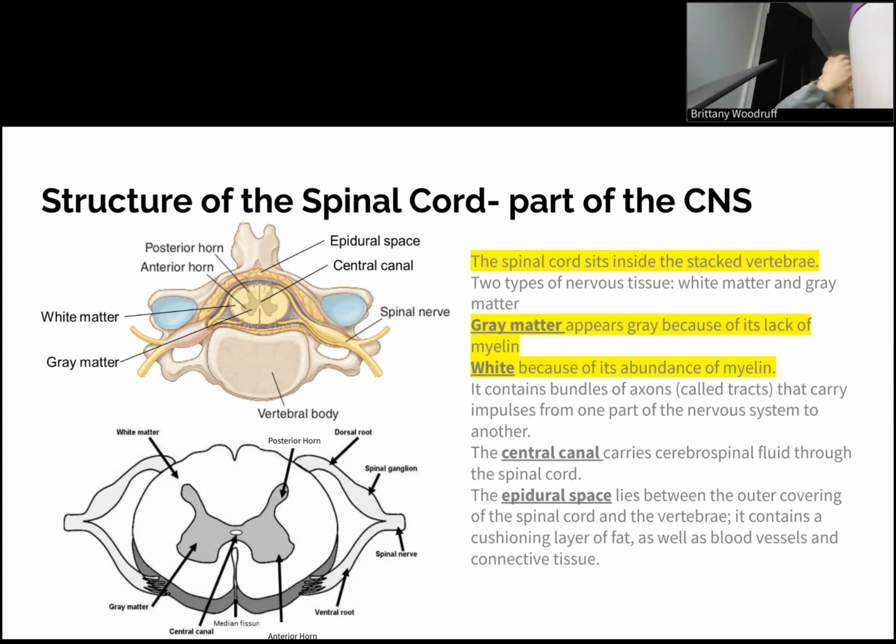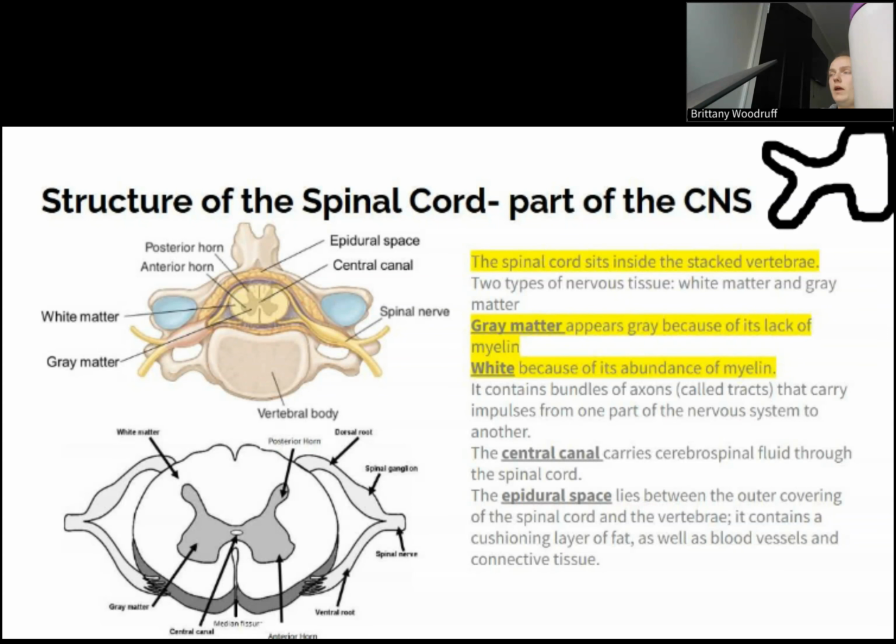Okay. So next we're going to be talking about the spinal cord. The spinal cord is going to be inside of those stacked vertebrae that we talked about back in chapter 8. If you remember the shape of your vertebrae, you have two little wing things sticking off the back, then a dip, and then this big thick chunk, which is your vertebral body, made up of bone.